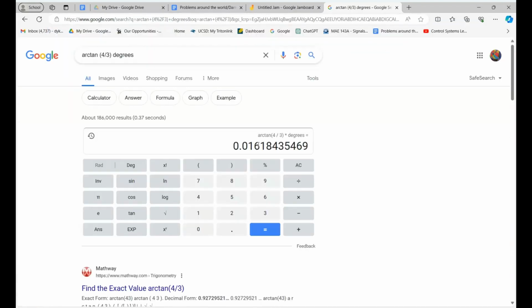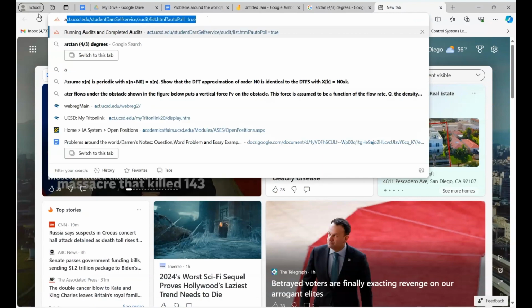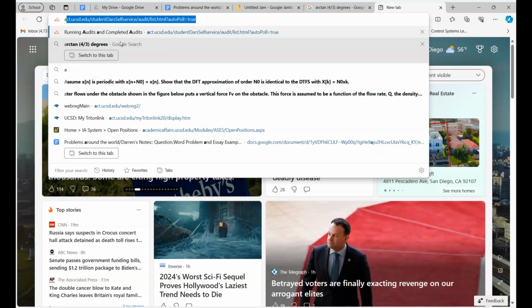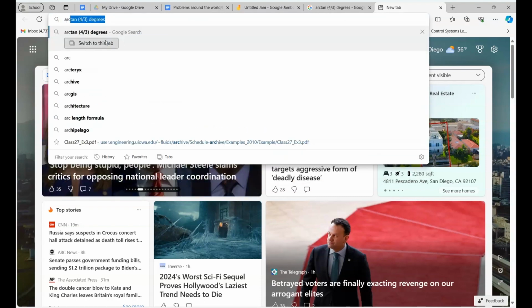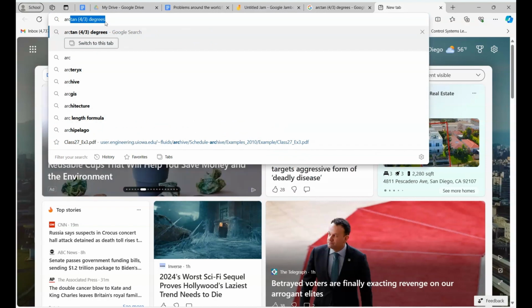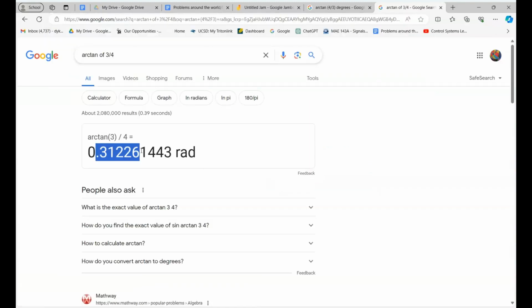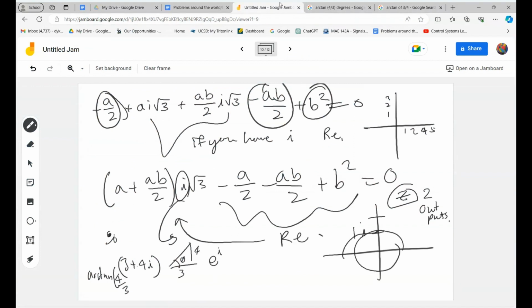Actually, radians, because if I remember correctly, it's 0.12, what was it again? 31. So this answer over here will be the input, the z input.